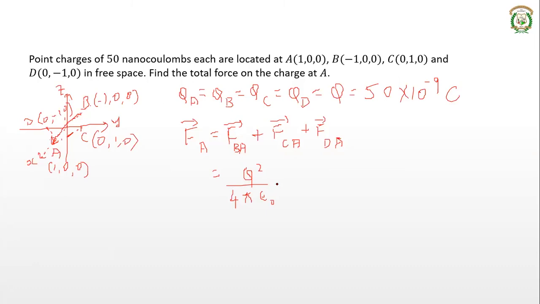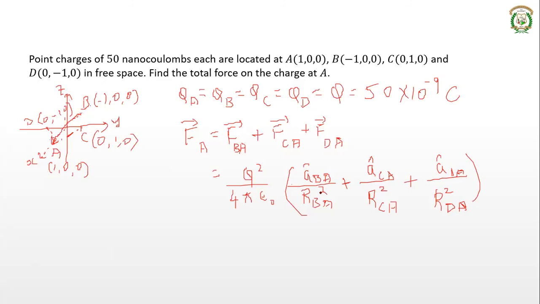In the denominator you have the distance: RBA square into ABA cap, plus RCA square into ACA cap, plus RDA square into ADA cap. Now the unit vector is the vector divided by its magnitude.